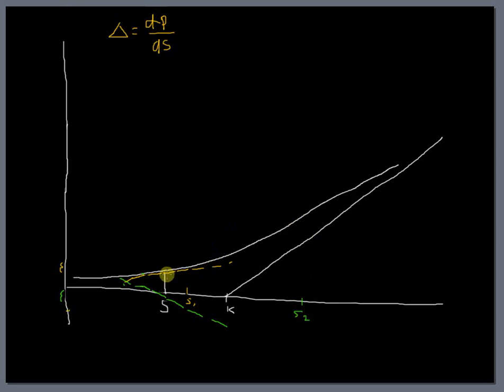Assume that we keep this hedge for the period from S to S2. We would have lost this amount. But for the option, look at how much we have gained. We have gained this amount.